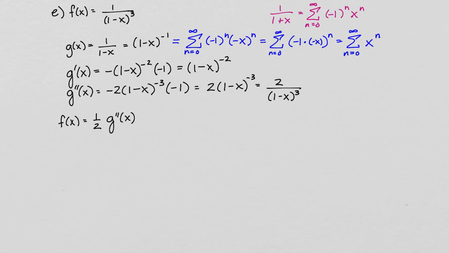Okay, so you might go, how's that going to help me? Well, we know that the function we're looking for, f of x, is going to be 1/2 the second derivative of that summation. So 1/2 the summation n equals 0 to infinity, x to the n. We're going to take the second derivative of that.